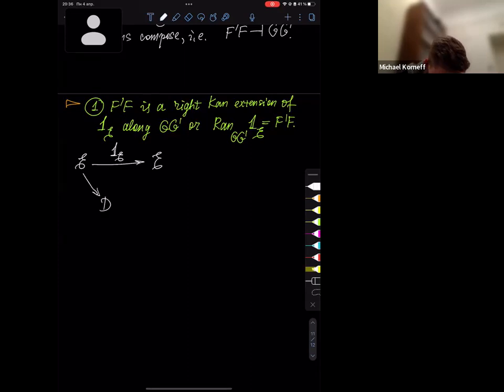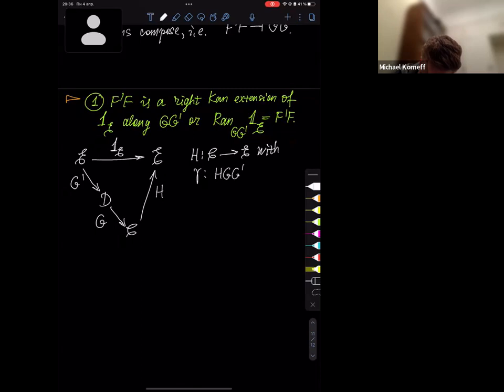Now we have a composition of two functors, G prime and G, and also we consider an arbitrary functor H between categories C and E with a natural transformation gamma from H G prime to this functor, and we should find the factorization, and also we should prove that this factorization is unique.